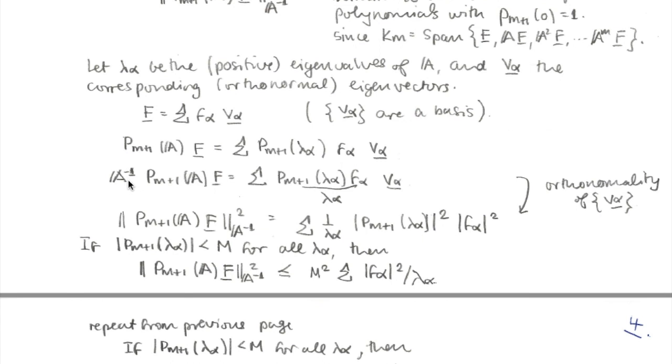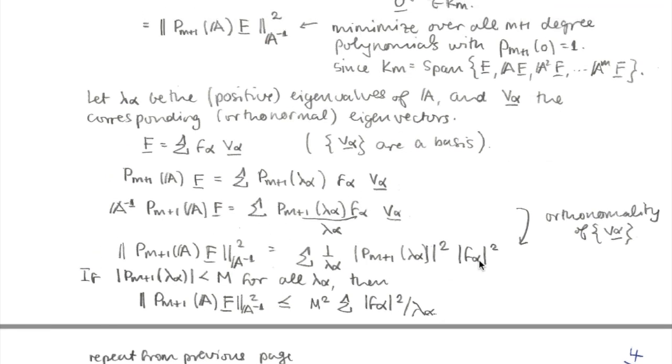And if I multiply by A inverse, then I just divide all the coefficients by lambda alpha. This is the nice thing about this spectral representation of A. It's easy to take powers of A in this setting.